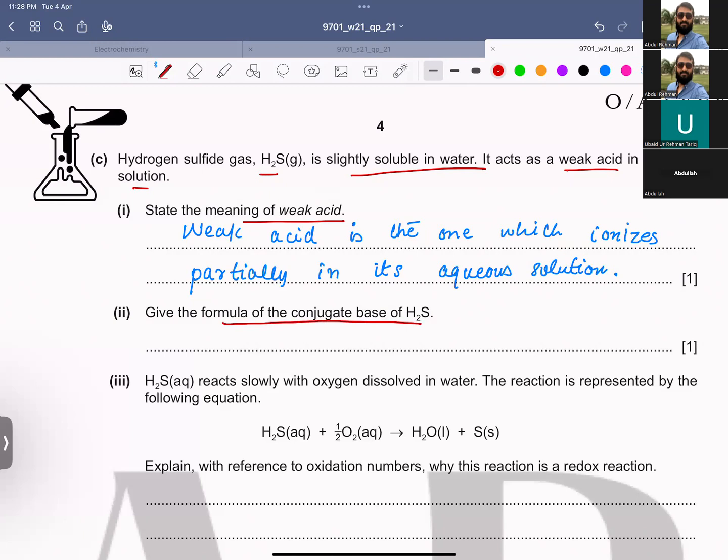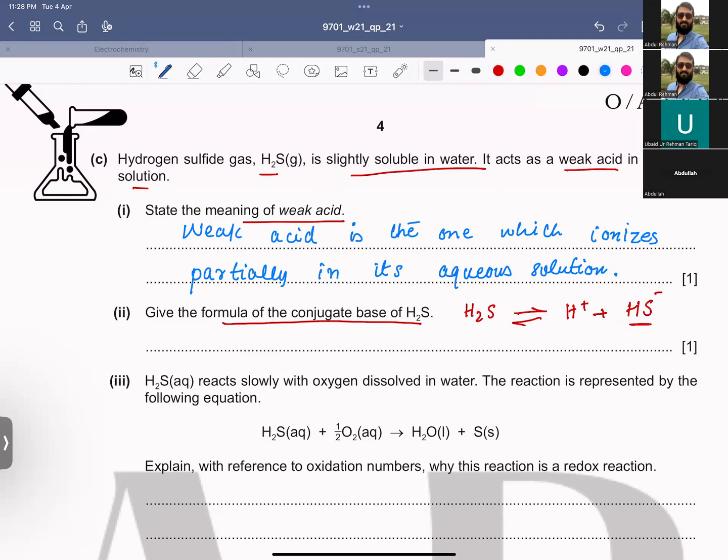In the next part, they are asking for the formula of the conjugate base of H2S. It's simpler. A conjugate base is always formed when a hydrogen is released. When H2S releases a hydrogen, as H positive, we are left with HS negative.